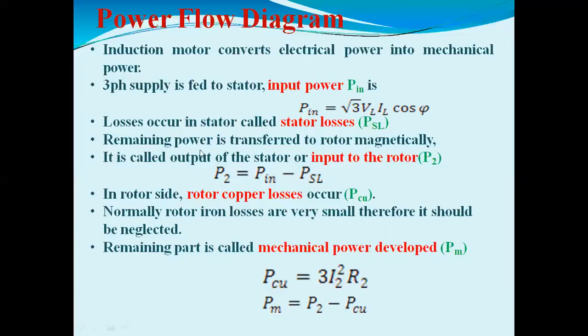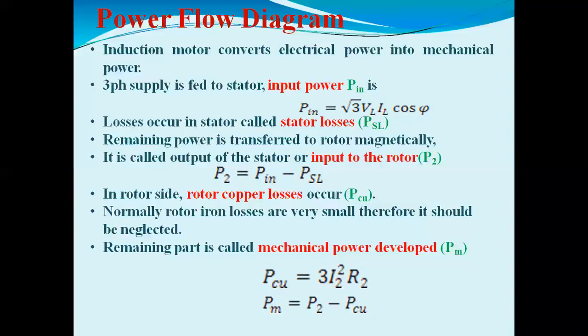The remaining power is transferred to the rotor magnetically. It is called the output of the stator or input to the rotor, that is P2 equal to P in minus PSL. PSL stands for the losses that occur in the stator, the stator core loss and the stator copper loss that we have already seen.